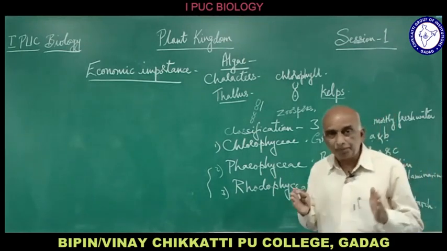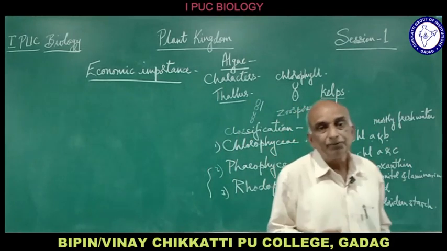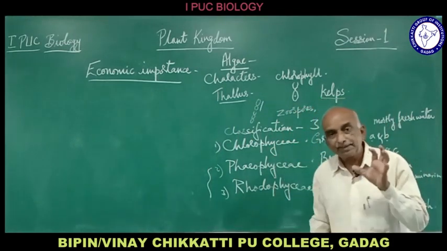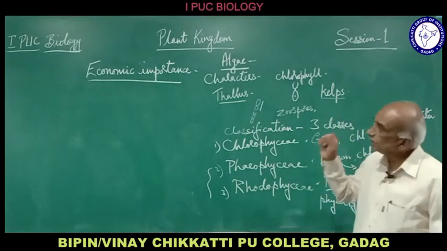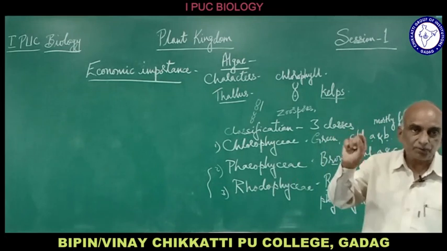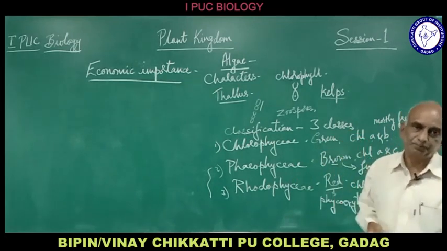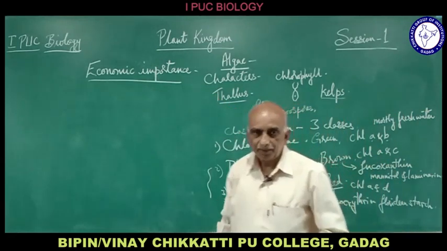Now which group contributes more oxygen to the environment? It is the algae which contributes more. More than 50% of the oxygen which is released into the atmosphere is by algae. That is the importance of algae.